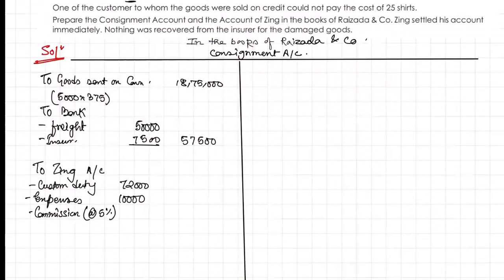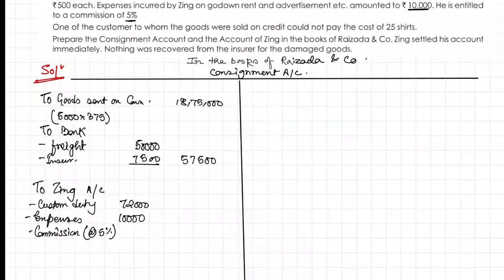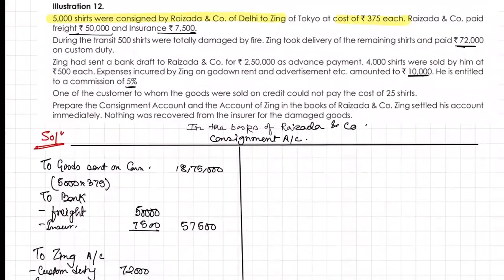But before that, we have to calculate the sales. Now, for sales, what information is given? 4,000 shirts were sold at 500 each. By Zing account, sale.